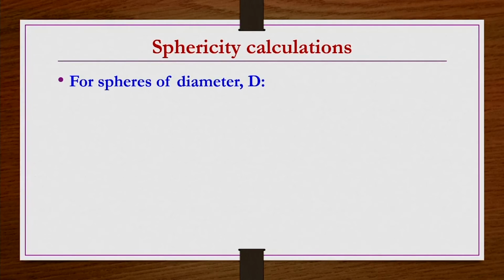It is going to be 1 for a perfectly spherical particle, and as the deviation from the spherical shape increases, the sphericity decreases. Since for a spherical shape we know that the sphericity equals 1, we start with that one and then go to the different shapes of particles. Let us say we have a spherical particle of diameter d. What is the volume of the particle?